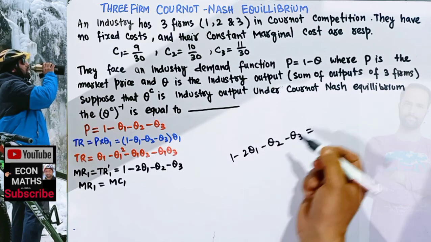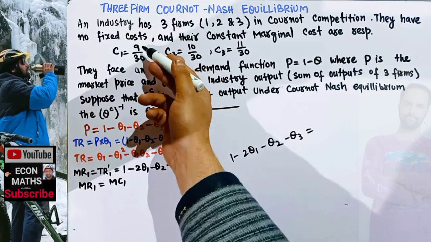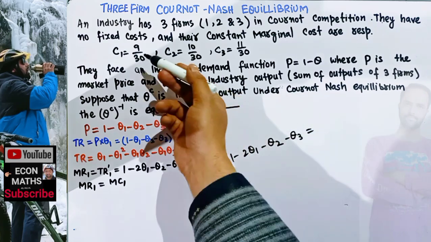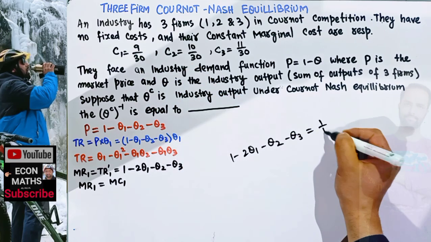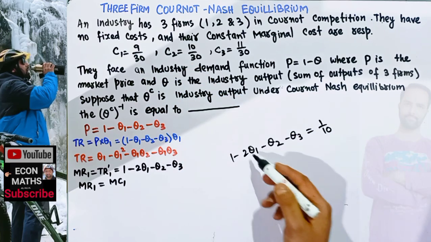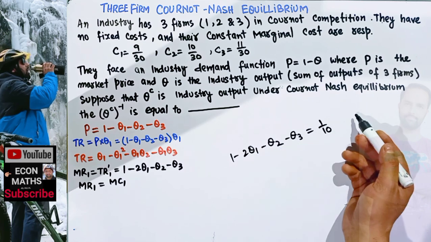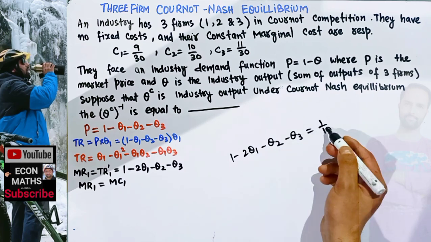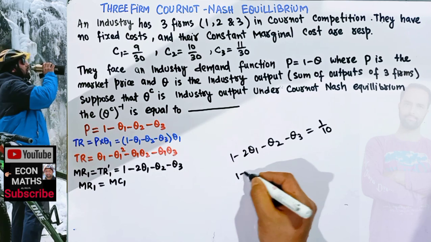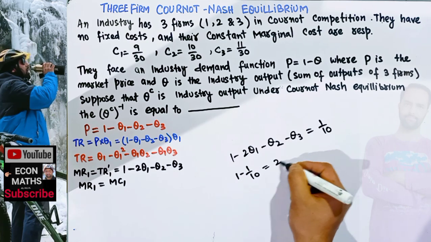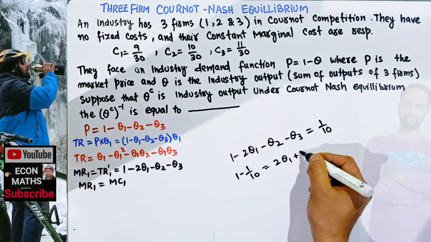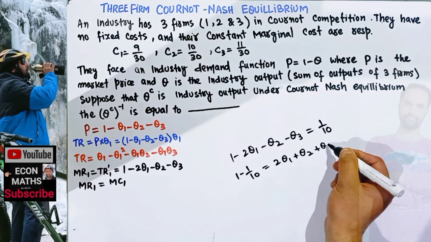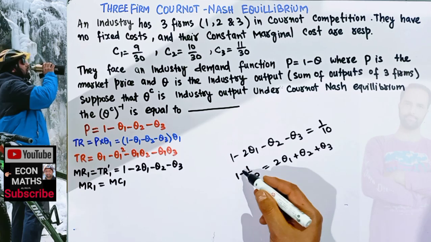We equate it with the marginal cost of firm 1, which is 9/30, and we can write it as 3/10. If I transpose these terms, they will become positive, and if I transpose the marginal cost it will become negative. So we have twice Q1 plus Q2 plus Q3.